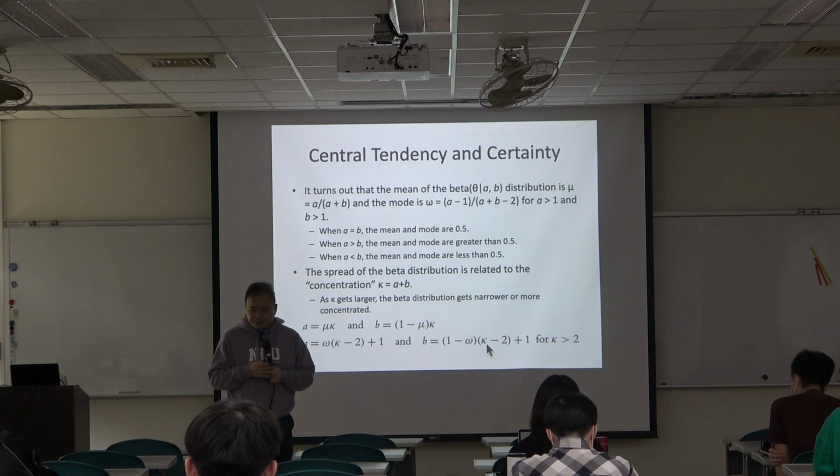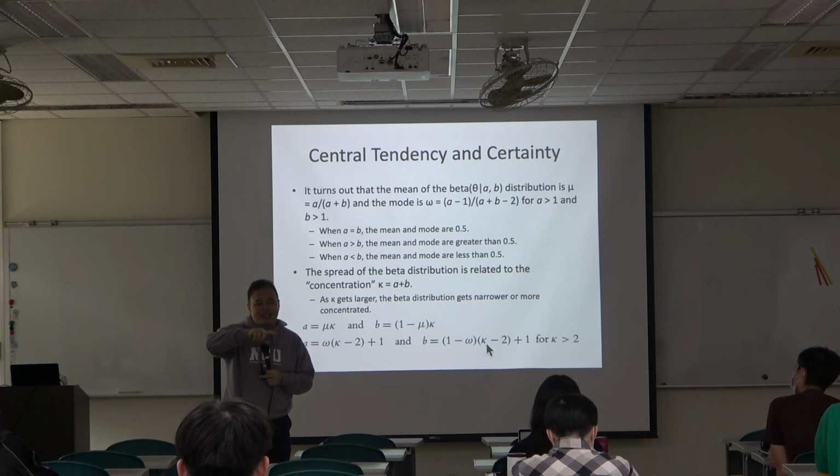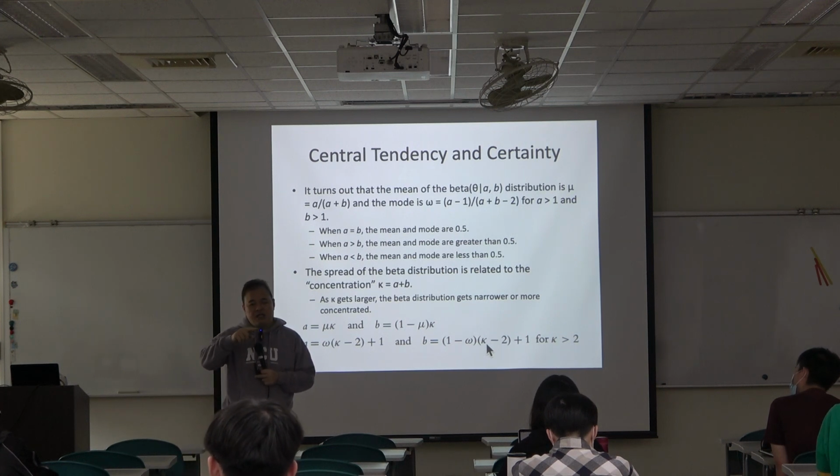Why? Mu is the average, right? When the distribution is not symmetrical, the average normally will not be the highest place in the distribution.